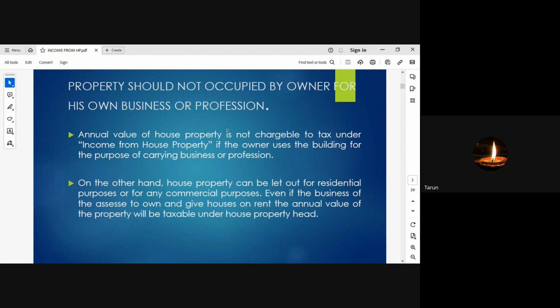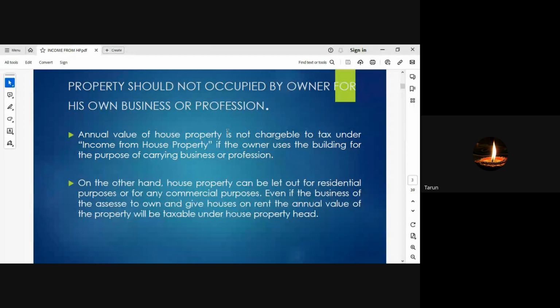Annual value of house property is not chargeable to tax under income from house property if the owner uses the building for carrying out his own business or profession. That means it is not taxable, right? Such annual value will not be taxable at all.